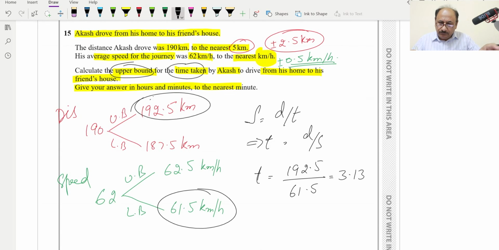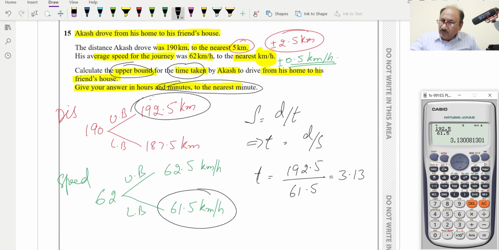This is in terms of decimal, but they are asking for the answer in hours and minutes, to the nearest minute. So 3.13 hours. If we press this time button, we will get 3 hours 7 minutes and 48 seconds.